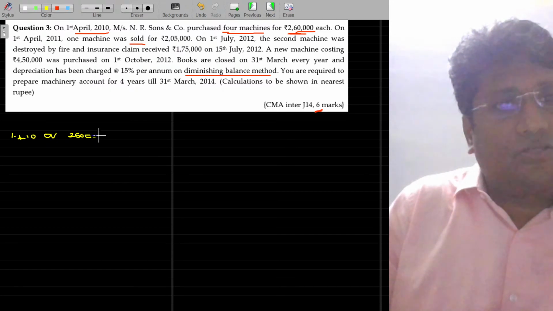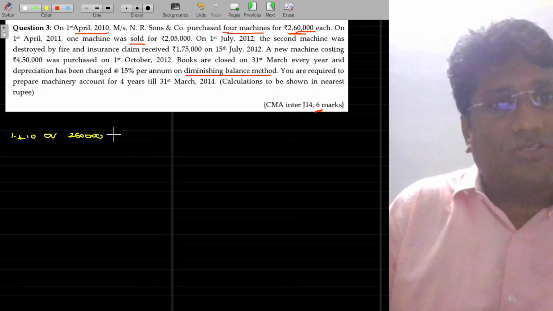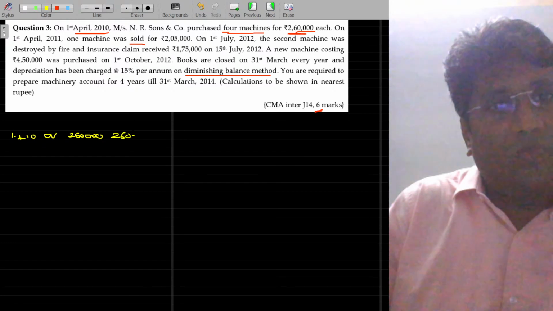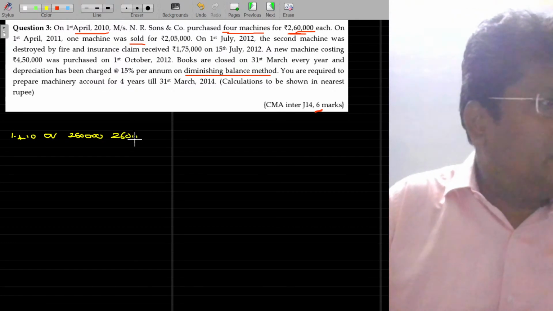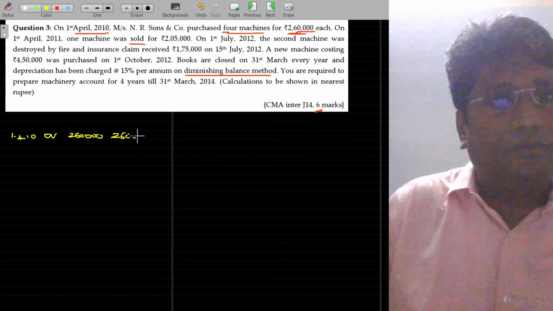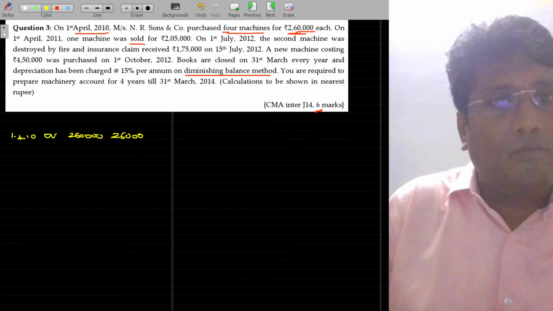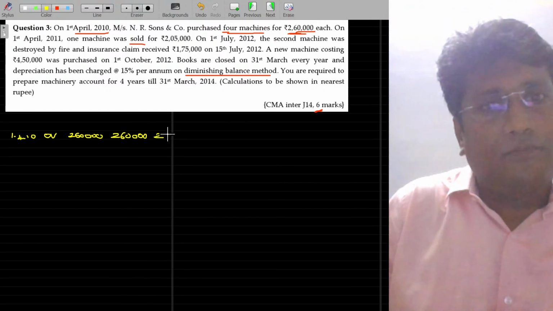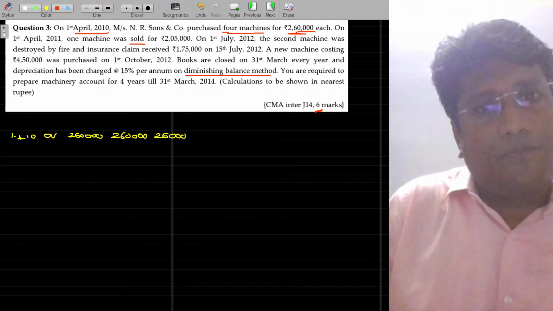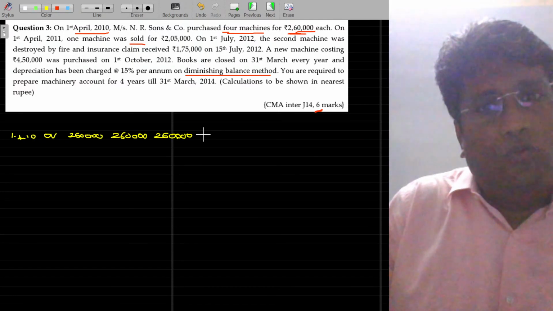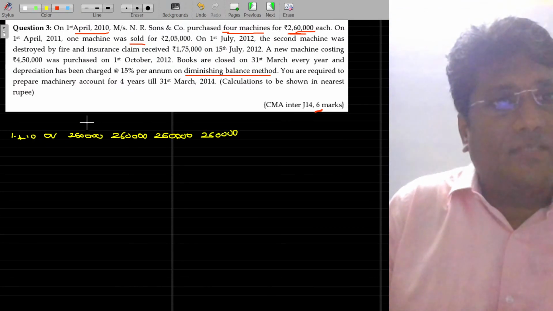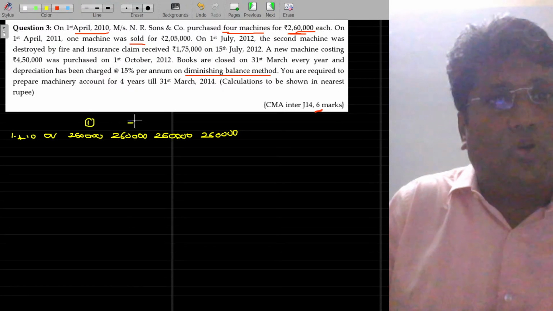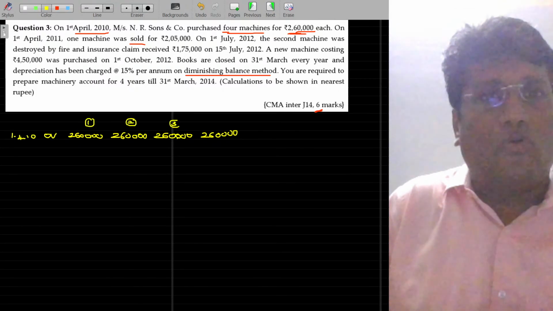How many assets purchased? 4 assets, again 2,60,000, again 2,60,000, again 2,60,000. We have 4 assets purchased on the date: asset 1, asset 2, asset 3, asset 4.